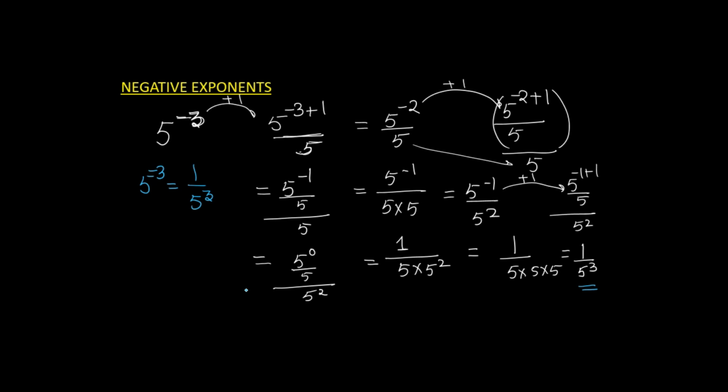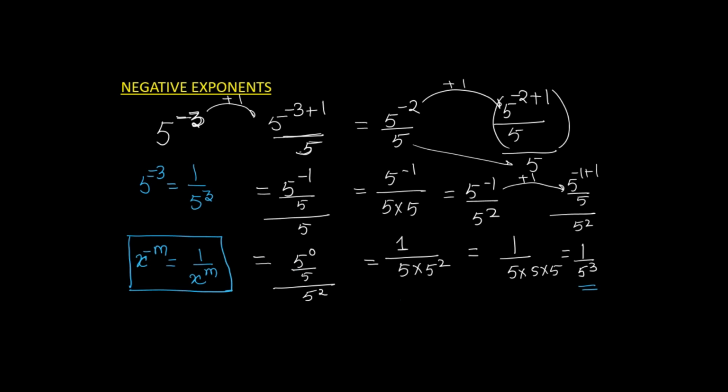So on the same lines, we have x to the power negative m is equal to the reciprocal of x, which is 1 upon x, raised to a positive power. And this is one of the laws of exponents to handle negative exponents. Is this clear? So whenever any number is raised to a negative power, to make the power positive, you reciprocate the base and then raise it to a positive power.